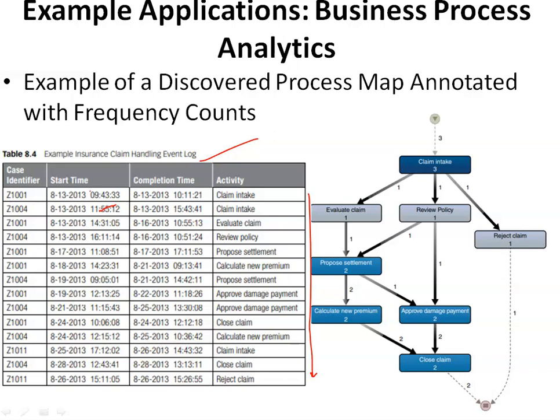So here we can see during the 13th some activities were done. Activities like claim intake, then evaluate claim, review policy. So we can number them and see when the completion is being done. First claim intake 10-11, then after that on 13-8 itself one is completed.